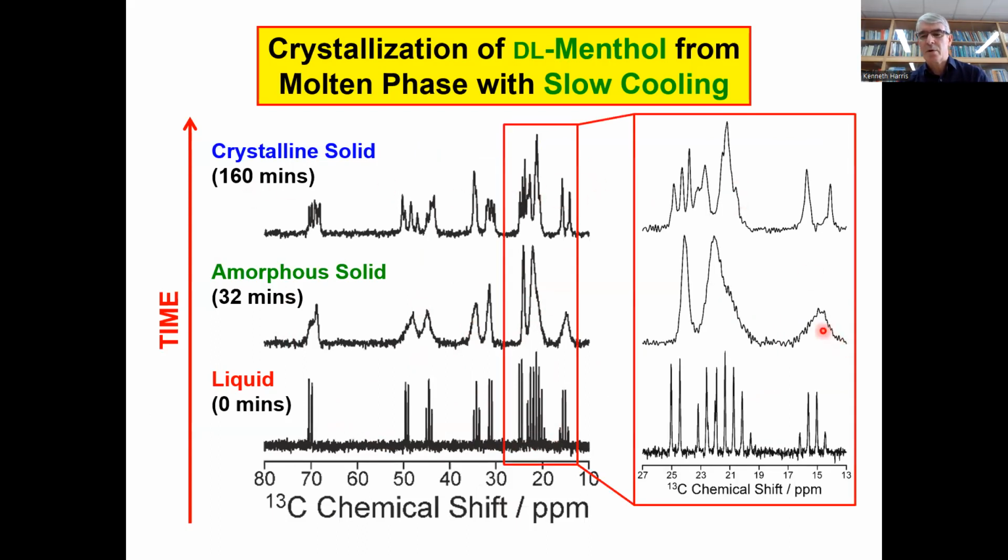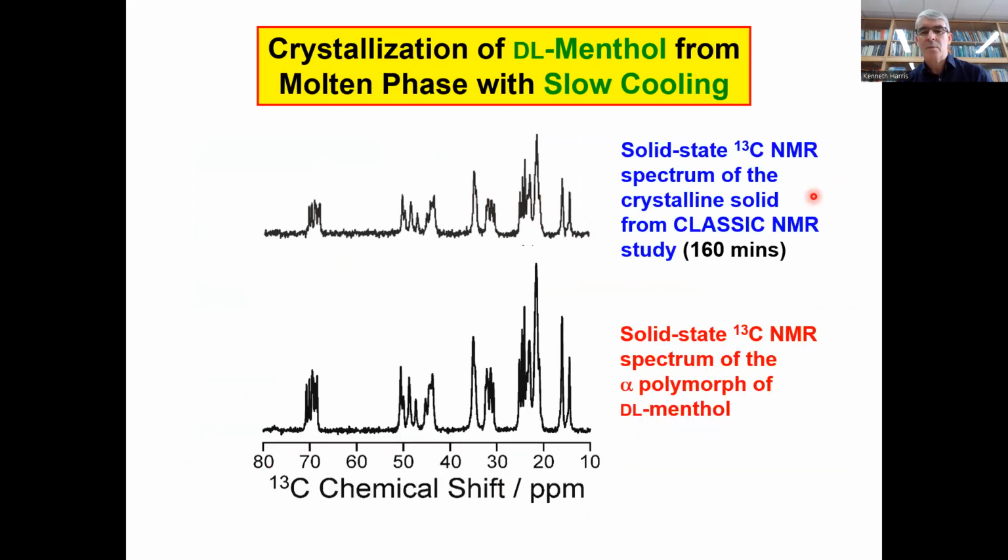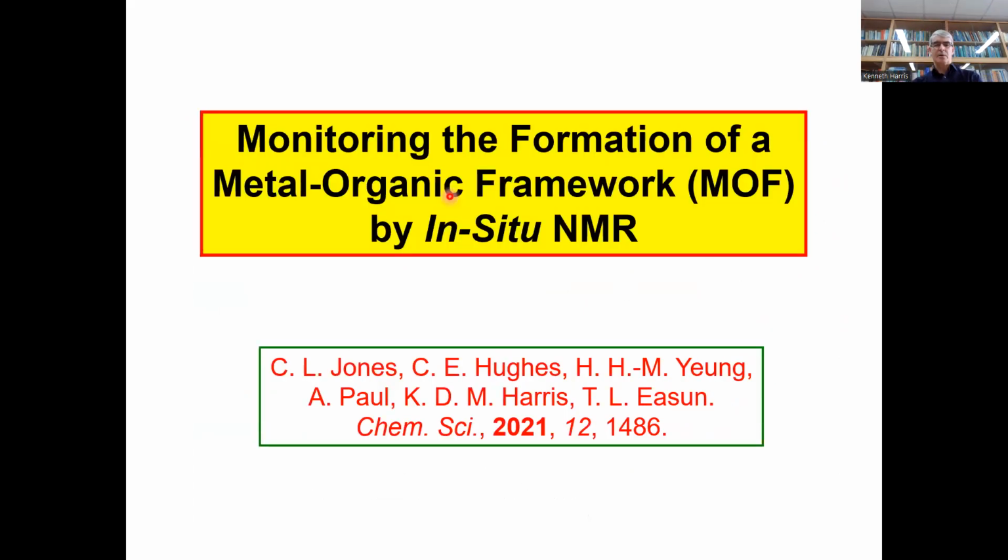We can see the very broad lines characteristic of an amorphous phase, and the final, much sharper lines in the crystalline phase. Comparing to the known spectrum for the alpha polymorph of DL menthol, we can identify the final product from this experiment as the alpha polymorph.